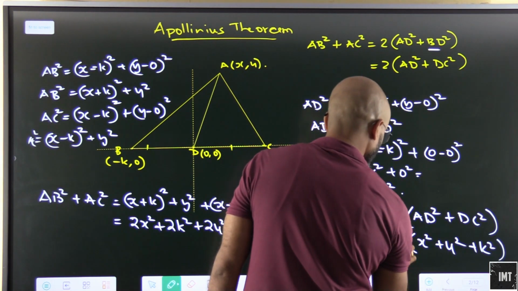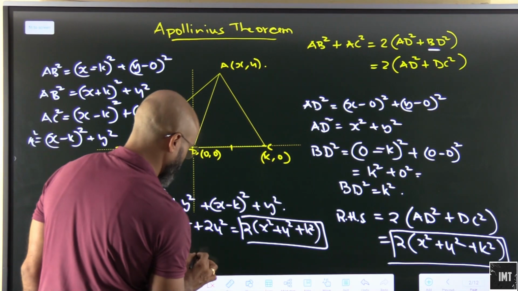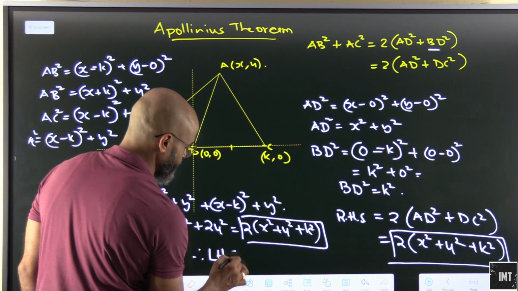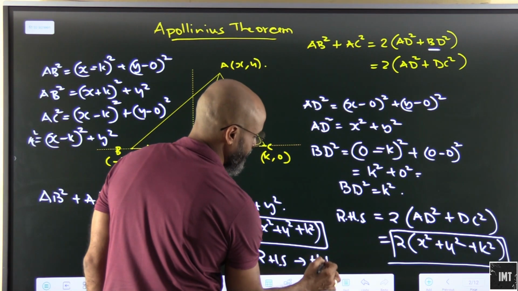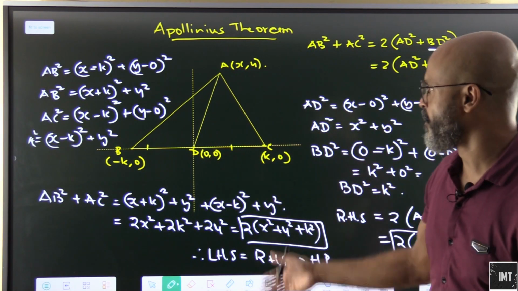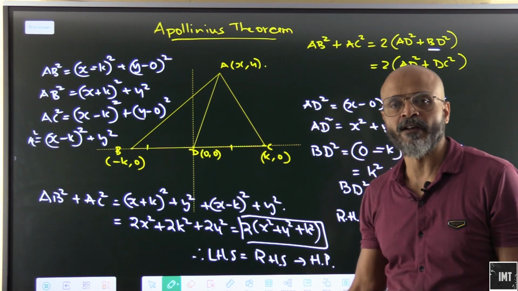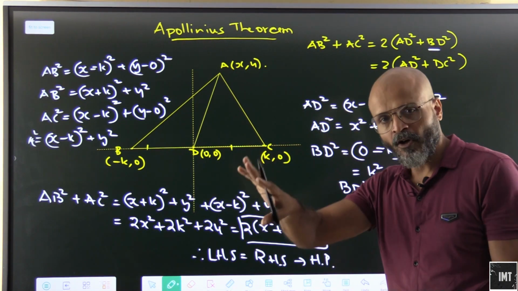Okay, so look at this part and look at this part. Therefore LHS is equal to RHS, and hence proved. We have this proof in geometry wherein we prove it by the medians and all, but this is basically a pure proof from coordinate geometry or coordinate axis.